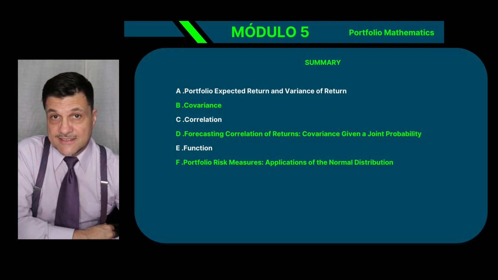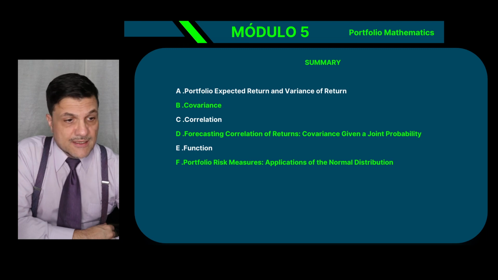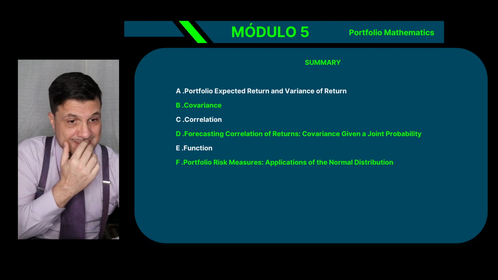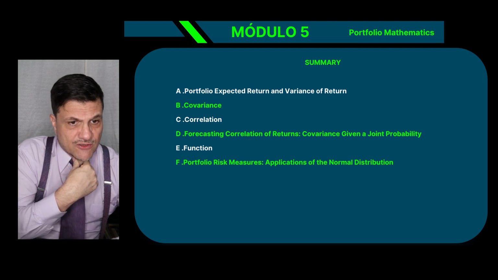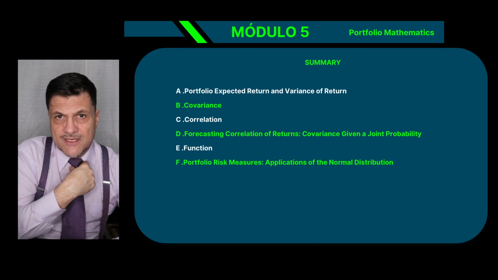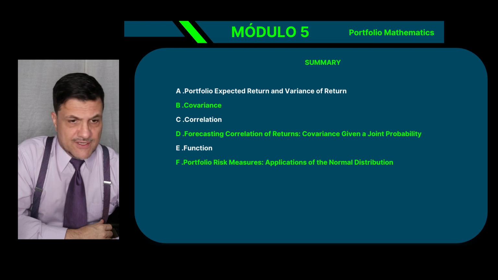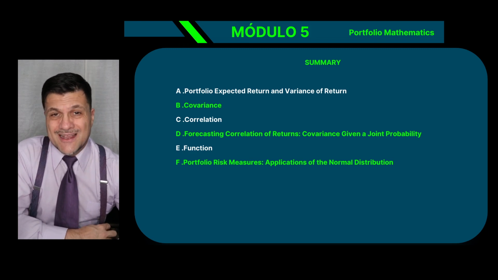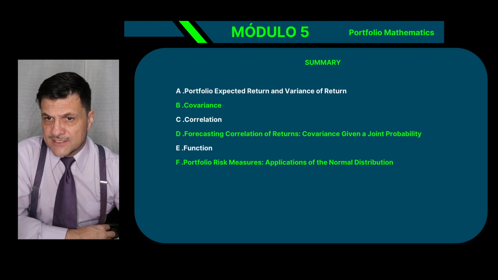I think that's important. As for portfolio risk measurements, the application of the normal distribution is not going to be so much of a scenario here. It's going to be more the joint probability, the safety criteria, and covariance and correlation that are the stars of this module.